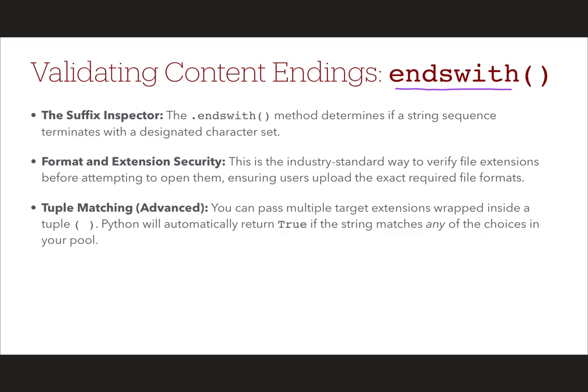So the endswith method determines if a character string terminates with a predefined character set. This is actually what I can do with the names of the files which you sent me.